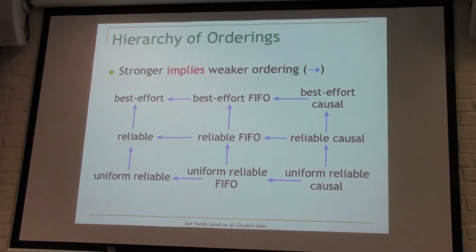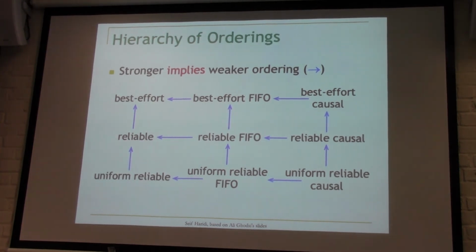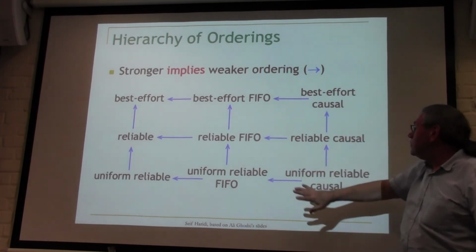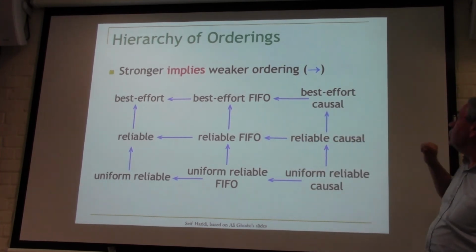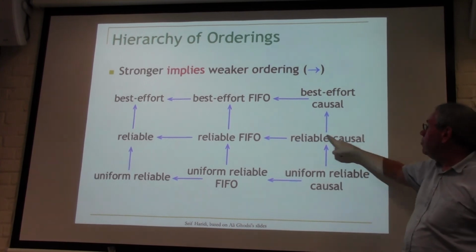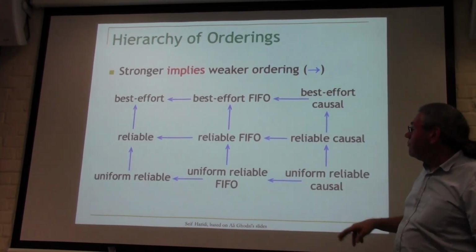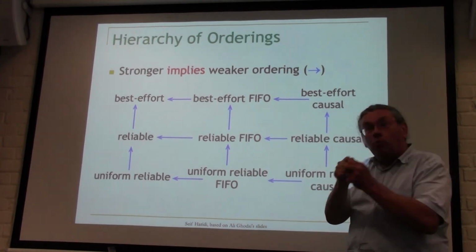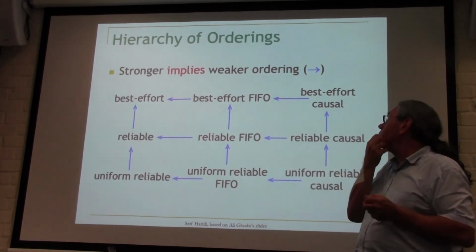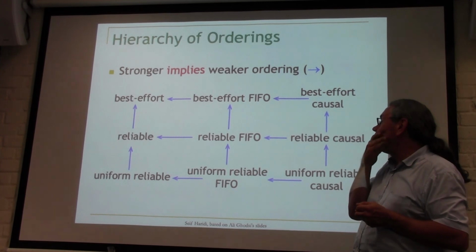Nice, huh? So you see, the simple idea of broadcast is actually not so simple. Of course, they're not all useful, huh? Reliable causal is useful. Uniform sometimes. FIFO, it's actually only when we're interested in point-to-point communications, okay?